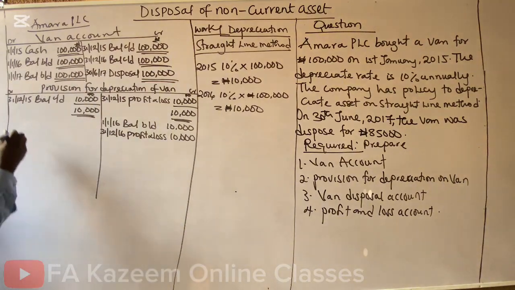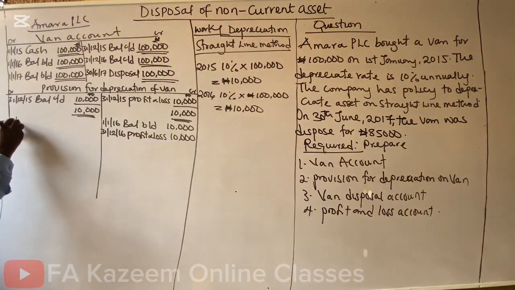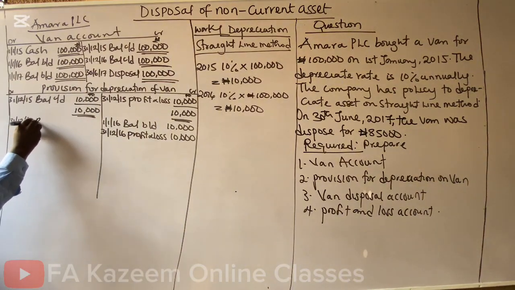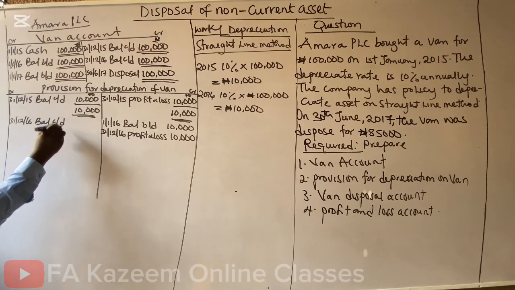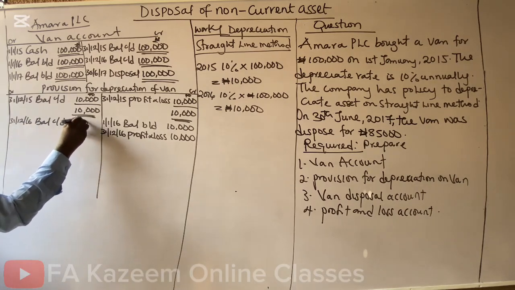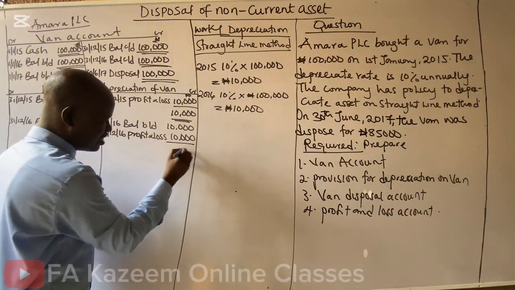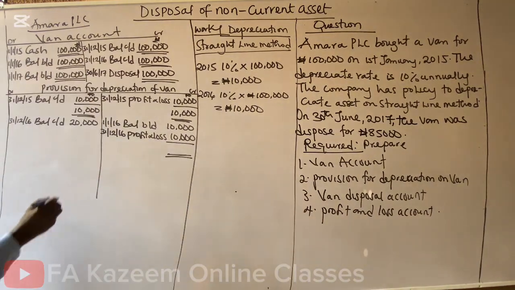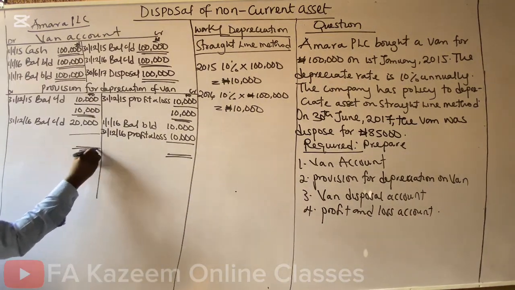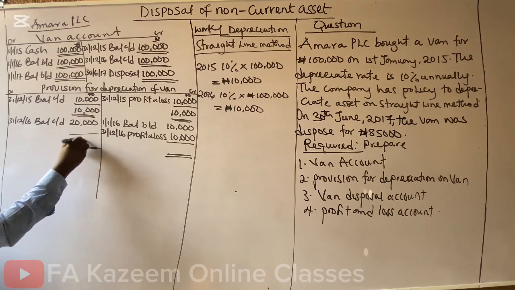In that case, at 31st 12 2016, we have an accumulated depreciation of 20,000.